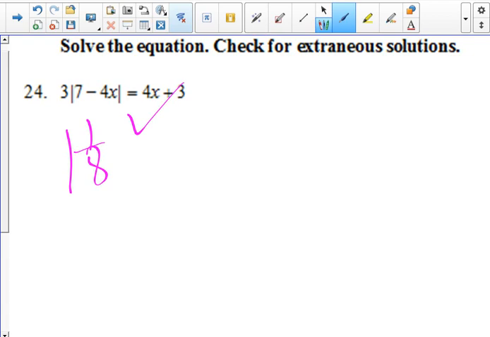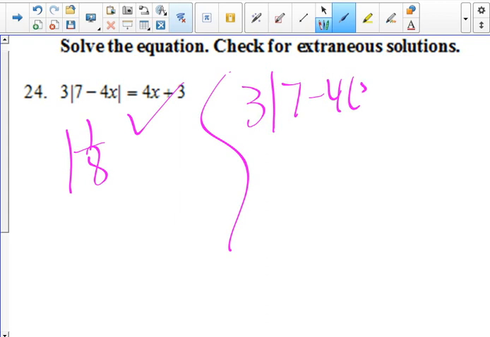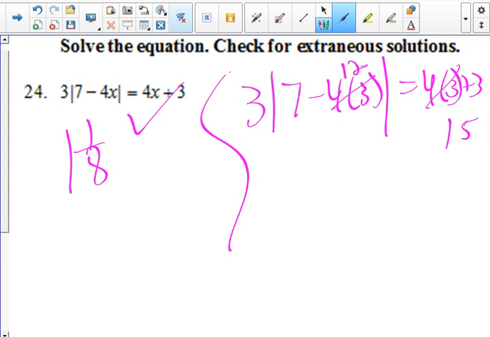And then when you plug in 3, which we can do quickly without a calculator, we get 3 times the absolute value of 7 minus 4 times 3 equals 4 times 3 plus 3. 4 times 3 is 12, and 12 plus 3 is 15. And over here, 4 times 3 is 12, so 7 minus 12 is negative 5.